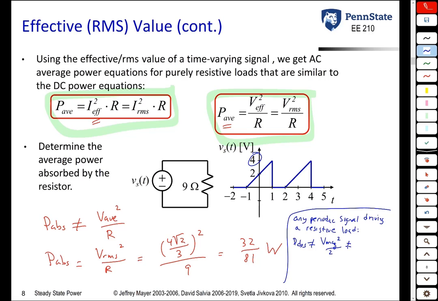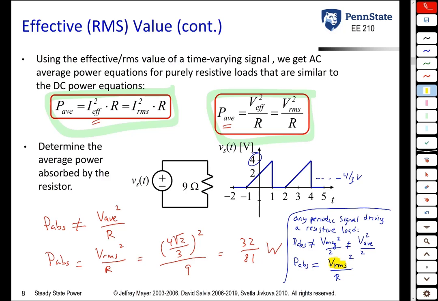It's also not equal to the average of the voltage squared divided by R. Remember, the average of this signal was 4/3 of a volt. But the absorbed power is this new value, VRMS, or V effective, squared divided by R. So this VRMS is a very, very important measure of any periodic signal because it allows us to easily calculate the power absorbed by a resistor load driven by that source.